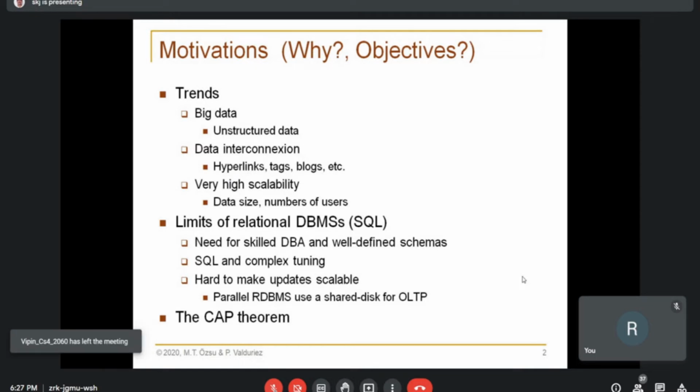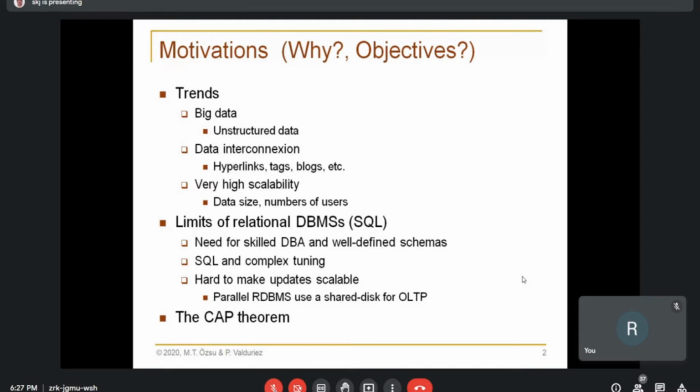Other issues were like the database administrator. In a relational database management system, not every common user was able to design a schema or implement it. The database administrator was one person who used to take care of managing the system itself, and one extra person trained in that area was a requirement.